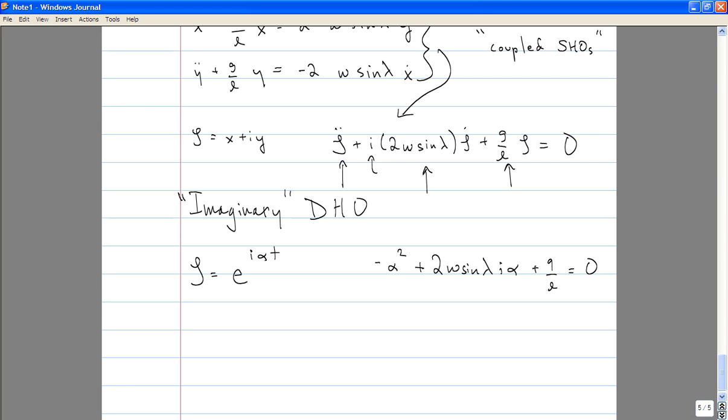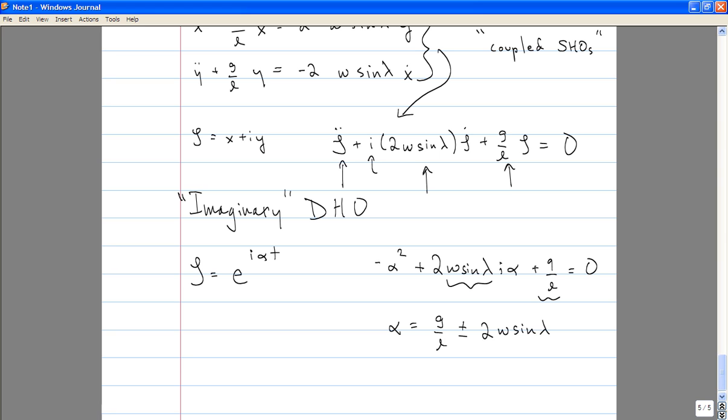Now, let's work in the approximation where this term is very small compared to this term. Then the roots of this polynomial are given by plus or minus the square root of g over L, plus or minus omega sine lambda.